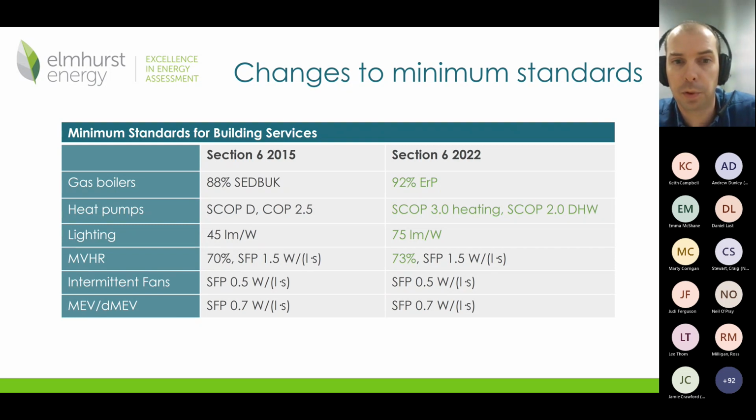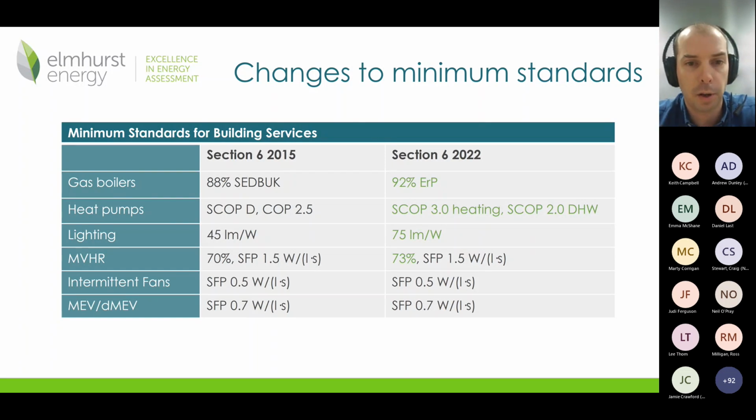Now we're moving to the ERP rating methodology of efficiency, which is 92%. They're not directly comparable, so you can't say 90% SEDBUK is 90% ERP. They work slightly differently, and boiler manufacturers should have literature on what their ERP ratings are for their products. Having looked at quite a few, none of them should find 92% a real challenge.